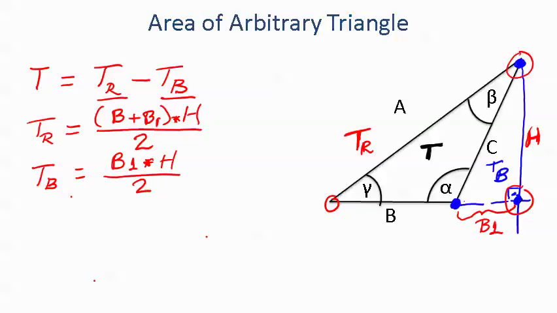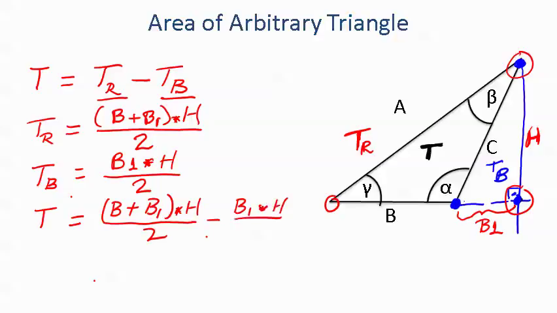So if we perform the subtraction here, we find out that the area of the original triangle is equal to B plus B1 times H divided by 2, minus B1 times H divided by 2. And of course, this is a subtraction of two fractions.